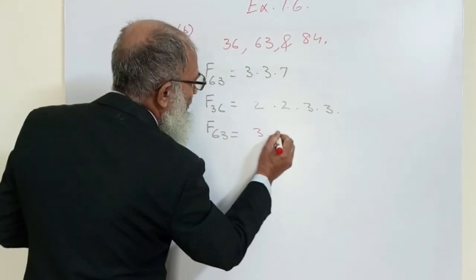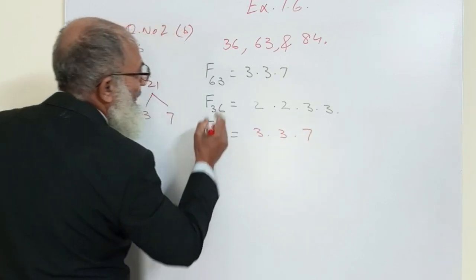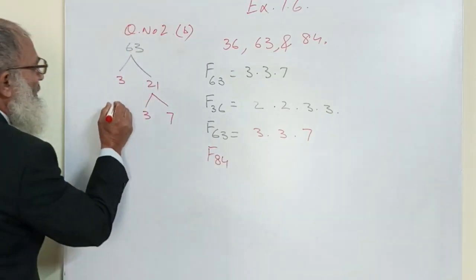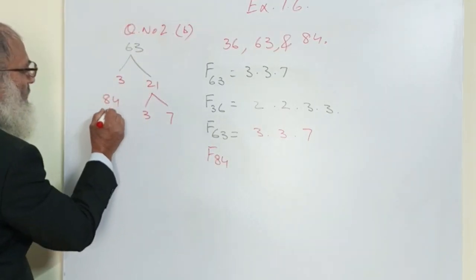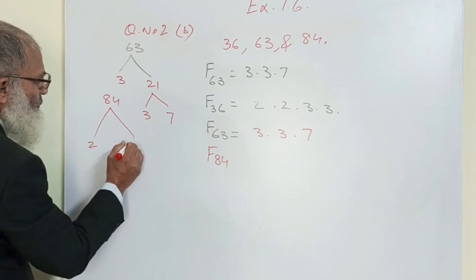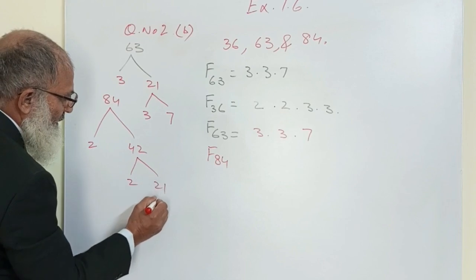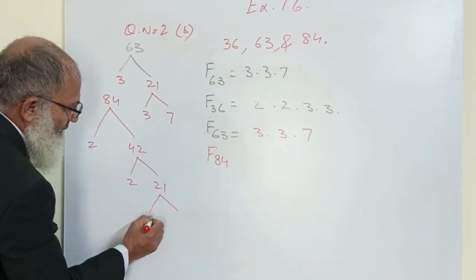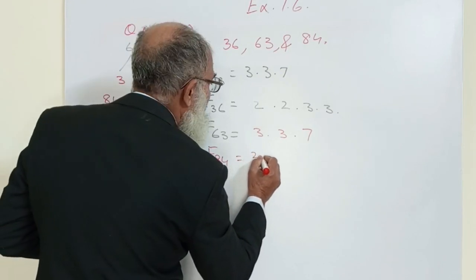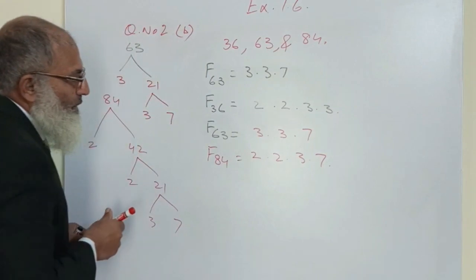So write all the factors: 3.3.7. And of course for 84, 2 fours are, 2 twos are 2, 2, 1 and 3, 7, that is equal to 2, 2, 3 and 7.